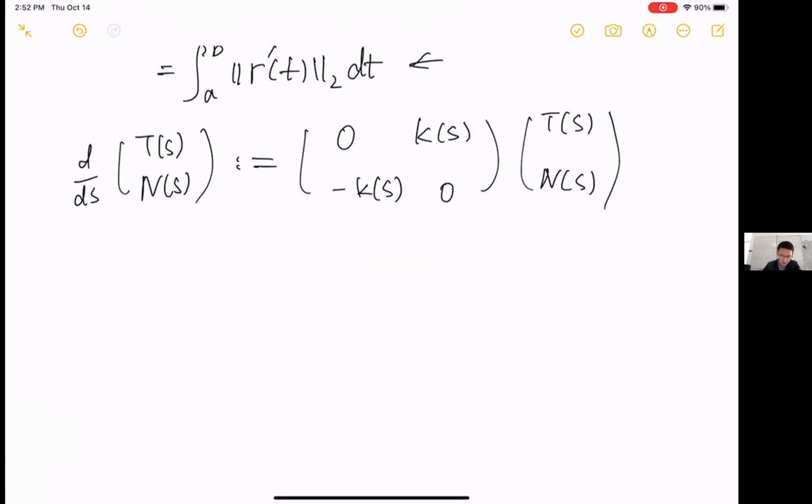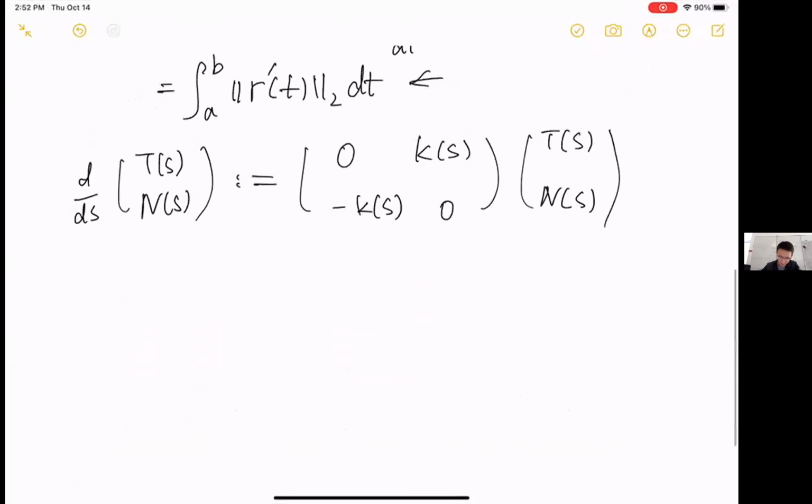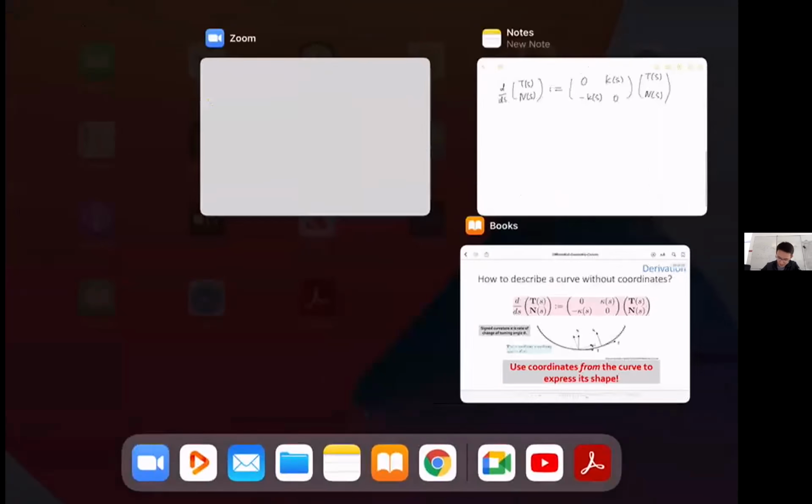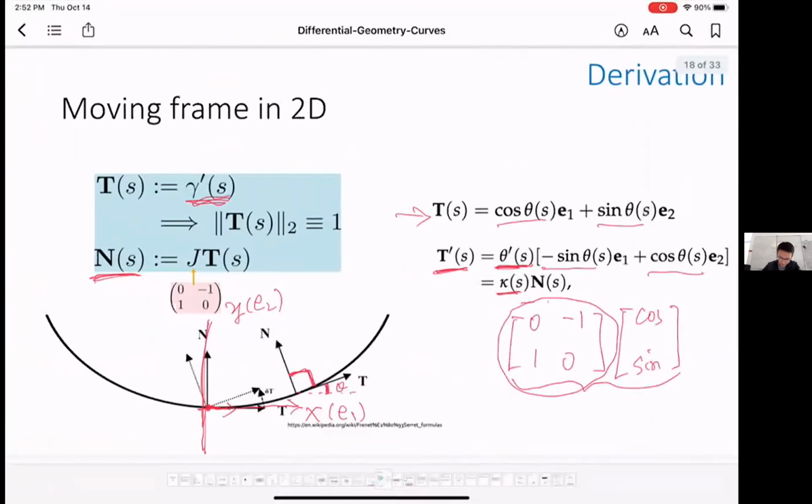So let's see. For the first one, dT/ds, this one is easy, right? Because we have already done that on this page.